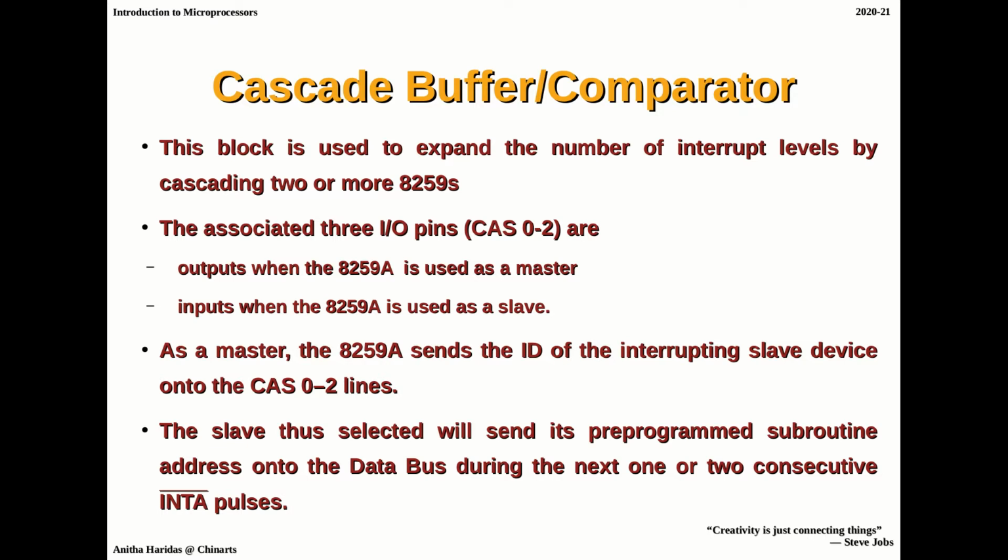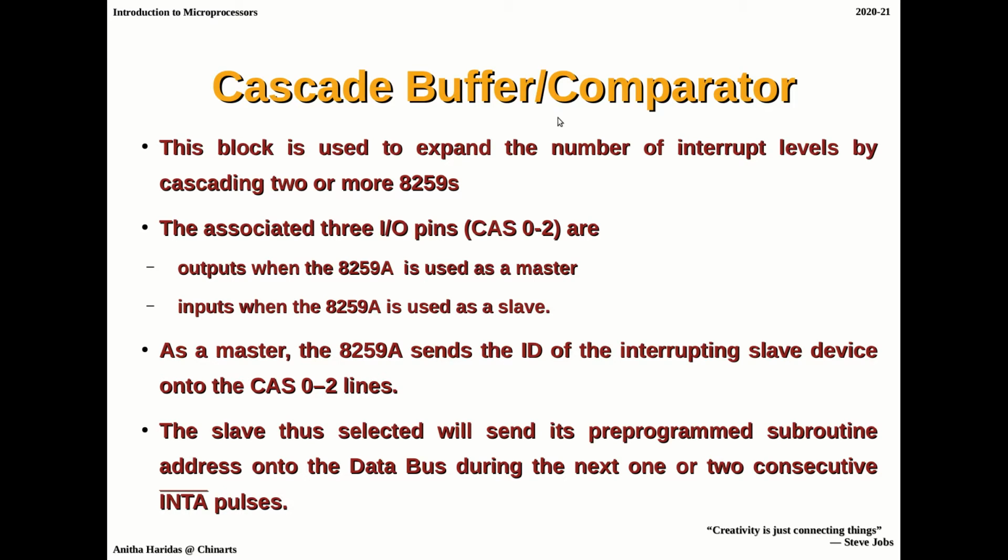Suppose you want to expand the number of interrupts, that means you want to connect more than 8 devices, we have to connect 2 or more 8259 controllers. When you want to connect them, you need the cascade buffer block.